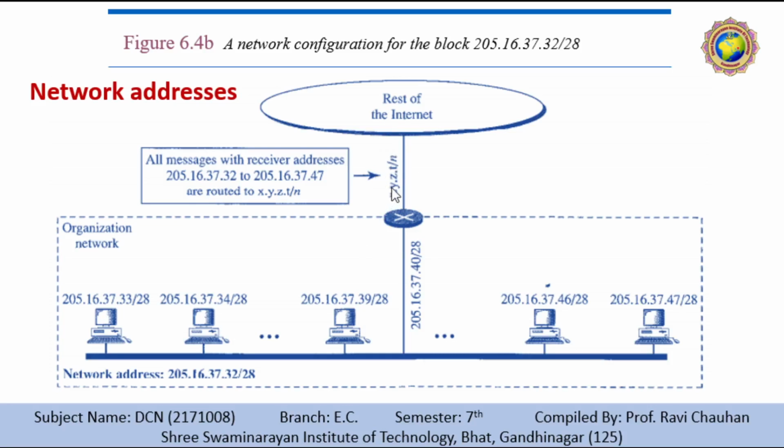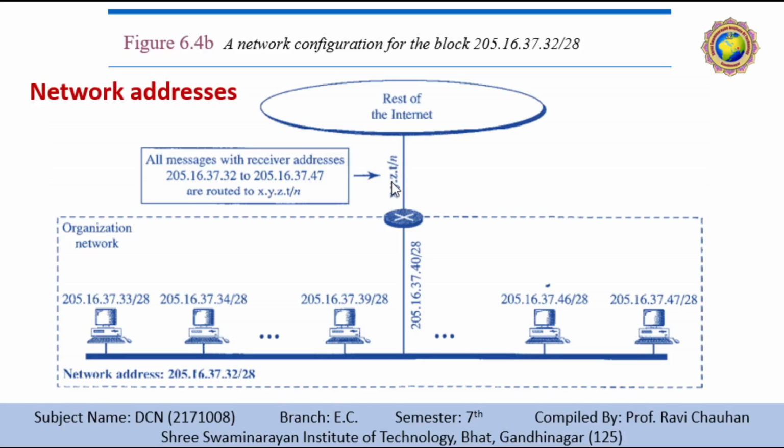We call the second address x.y.z.t/n because we do not know anything about the network it is connected with on the other side. All messages destined for the addresses in the organization block, just like our 205.16.37.32 to 205.16.37.47, are sent directly or indirectly to x.y.z.t/n.